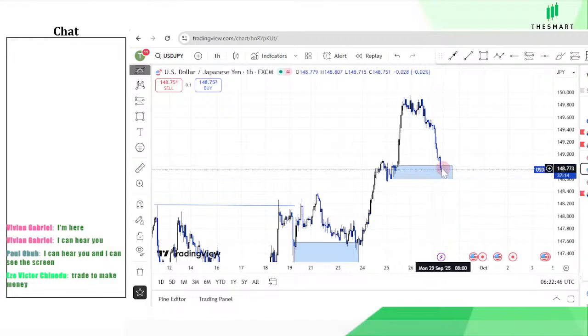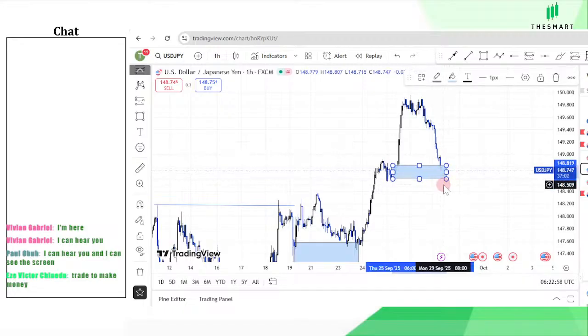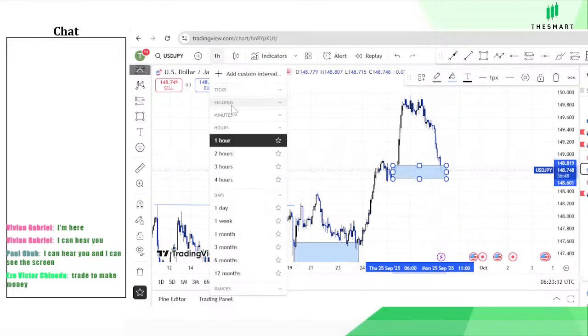This is the point of interest I've been anticipating since last week Friday or Thursday. So we are already at our point of interest, but there is no confirmation yet. And for the fact we didn't have any sort of inducement on the 1 hour, this point is invalid according to our trading rules. So we actually want to see price give us entry confirmation on maybe a smaller time frame.